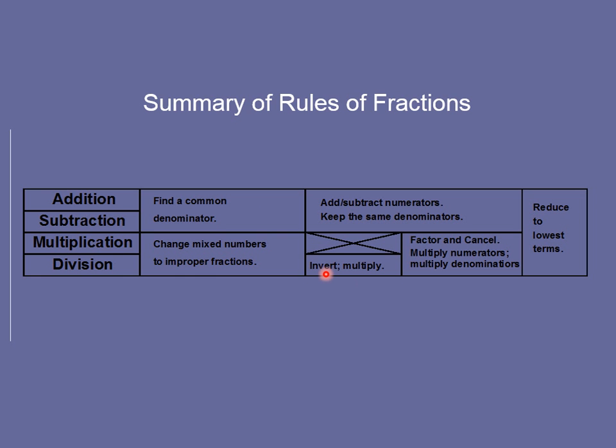You have to flip, right? The second number, that is basically the inverting. And then you always factor, cancel, multiply numerators, multiply denominators, right? But at the end, you always get back to the lowest term. Okay? This is a summary of all the 4 operations: addition, subtraction, multiplication and division for fractions.